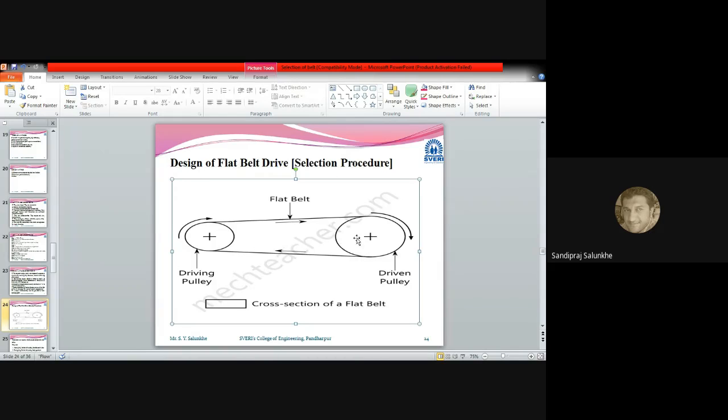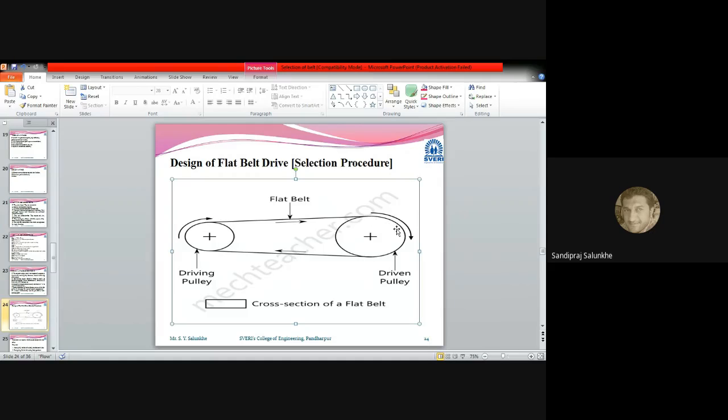So these are the two different pulleys, driving and driven pulley, and these are connected by means of a belt. Power transmission takes place when the driving pulley rotates, and this belt moves without any slip on that pulley.